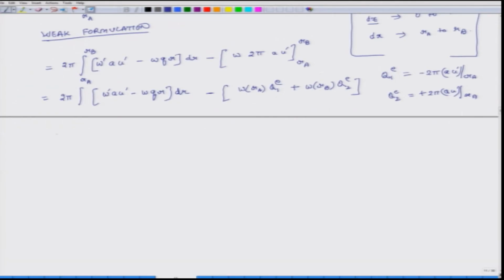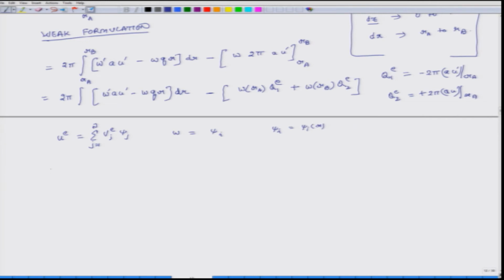So, at this stage I assume that U for the eth element is equal to the sum of U j psi j, and W is equal to psi I, where psi I is a function of R.